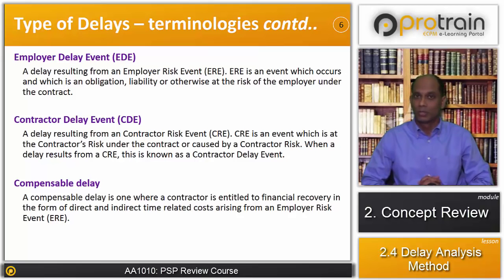Now let's go to the next type, that is compensable delay. And when we talk about compensable delay, there can be a non-compensable delay also. A compensable delay is one where the contractor is entitled to financial recovery in the form of direct or indirect time-related cost arising from an employer risk event.